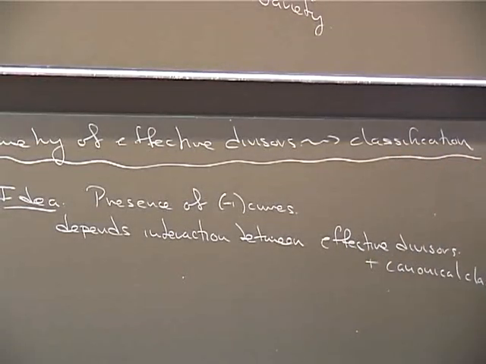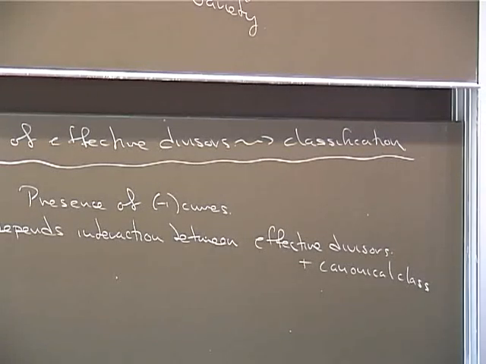So I'm going to describe how the effective divisors and the canonical class interact with each other.